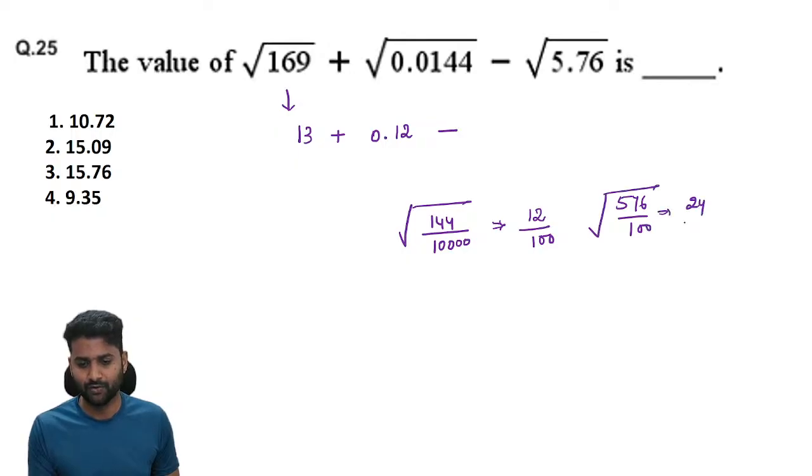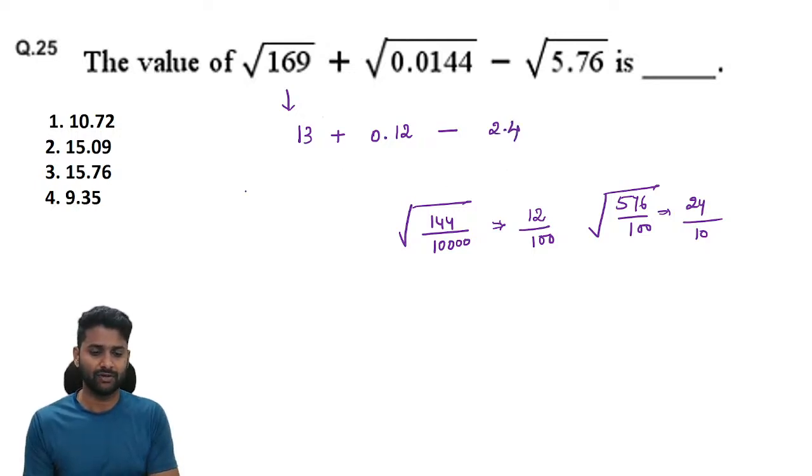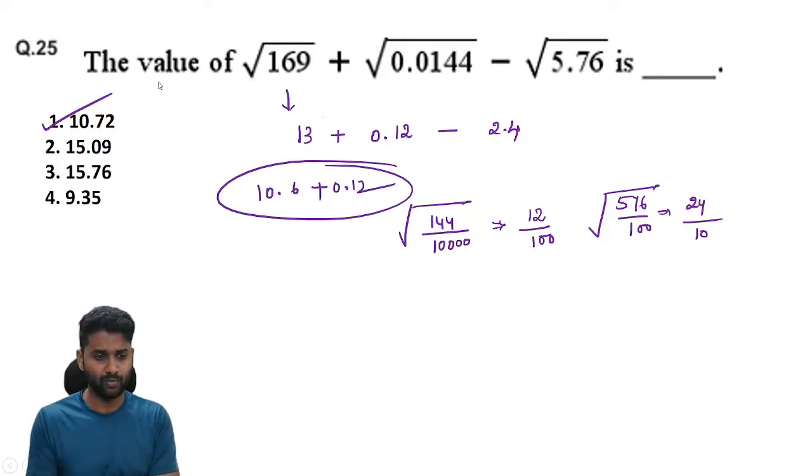So 24 in the numerator, 10 in the denominator. Now the value becomes 2.4. So 13 and 2.4, if you subtract, now the value becomes 10.6. Again just add 0.12, now the value becomes 10.72. That is the correct answer.